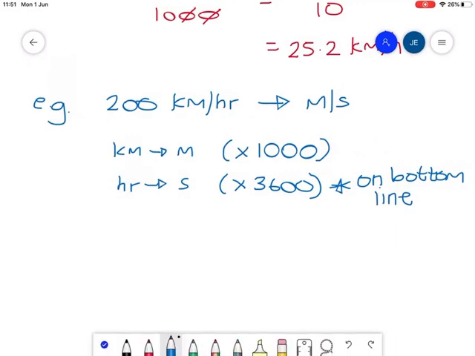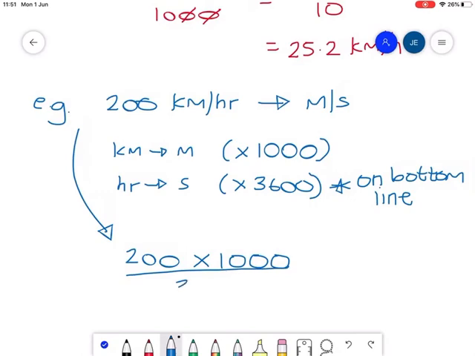So taking this back down here, we're going to have 200, and we're going to do this times 1,000, all divided by 3,600.